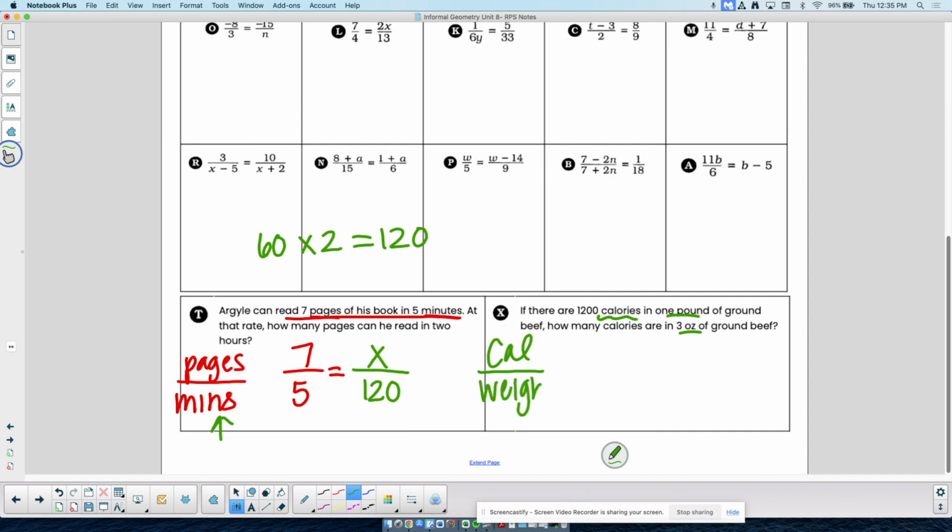If we read this top part, I'm going to want to change pounds to ounces, because you always want to convert to your smaller one, right? So how many ounces are in a pound? 16. So we're going to have 1,200 calories over 16 ounces is equal to x, what we're looking for, over 3. So you guys come back and solve that.